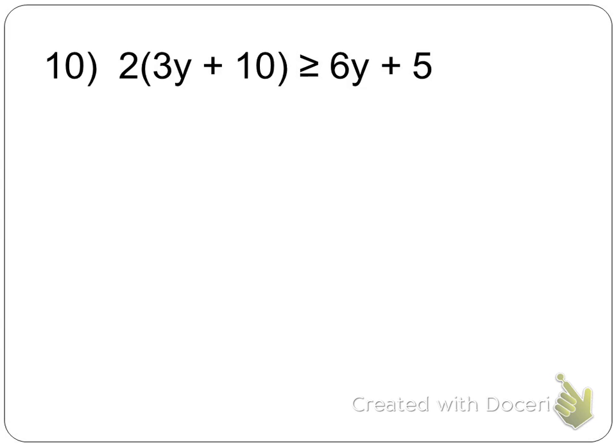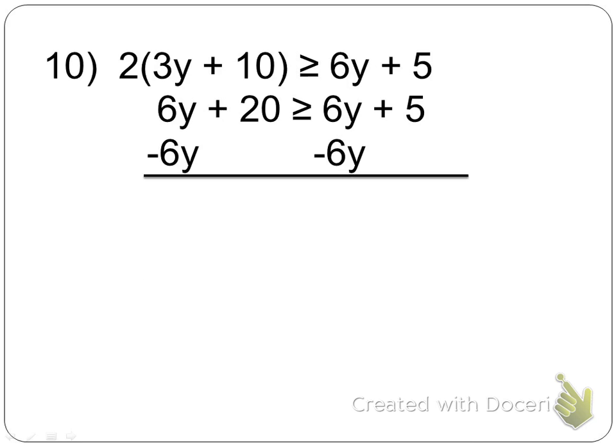All right, so when you distribute the 2, what happens? 3y, we did 6y. 6y plus 20. Then what? Subtract 6y from both sides. 20 is greater than or equal to 5.